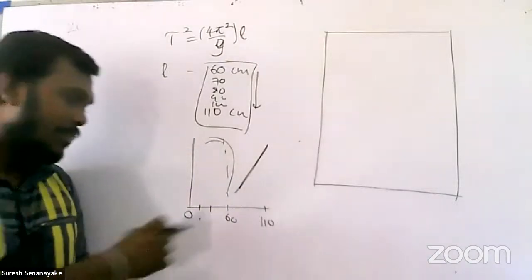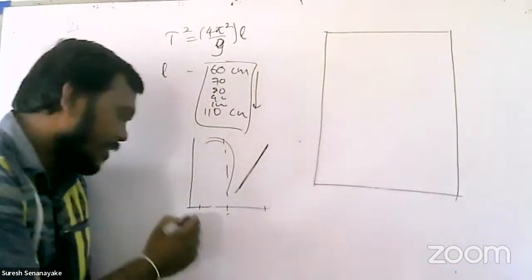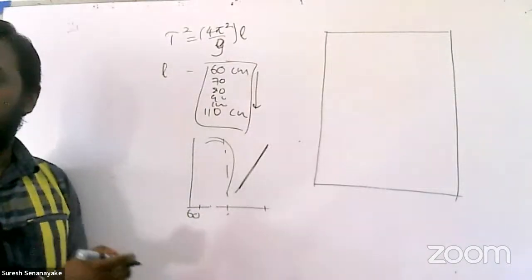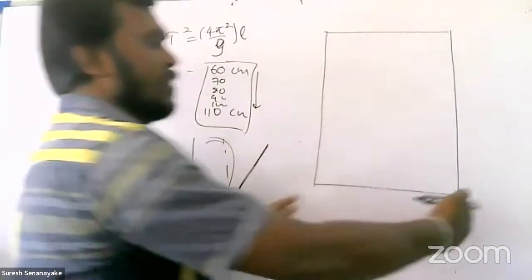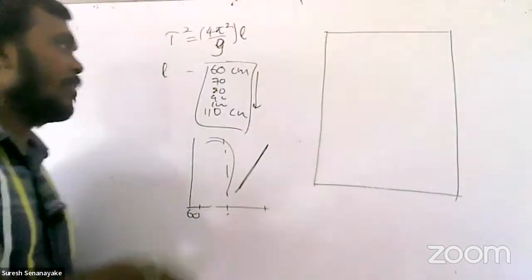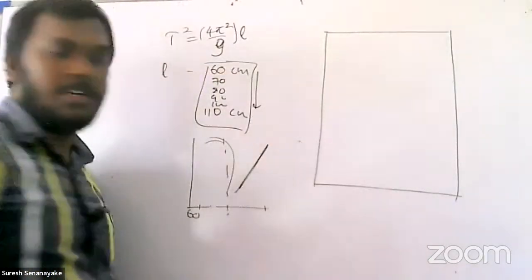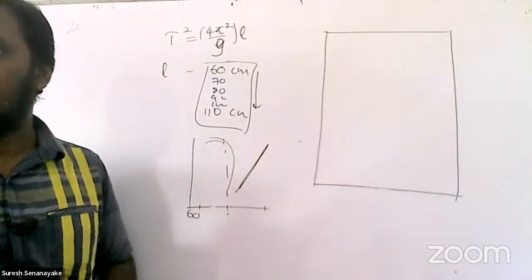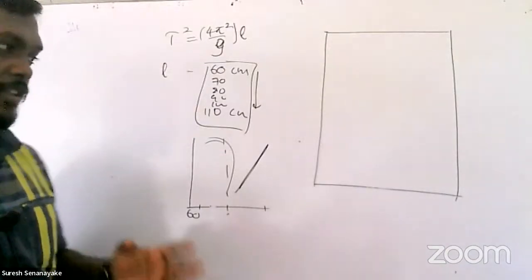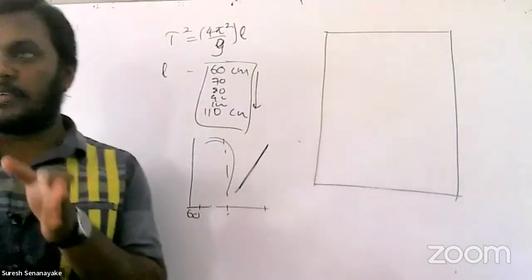So you need to start drawing the graph from 60 here and choose your range on the graph paper to represent all of this as much as possible. Clear? So you can get the smallest count.